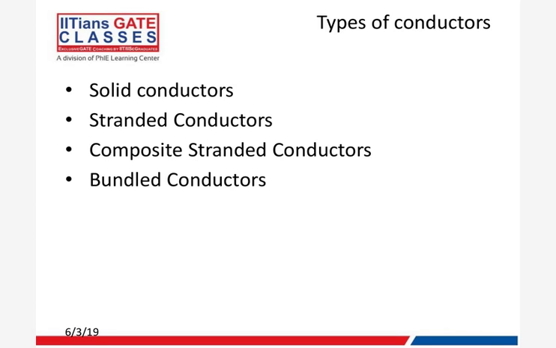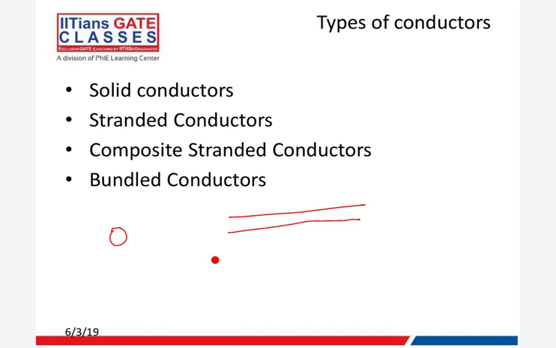So there are different types of conductors that we use in power system. The first one is the solid conductor, where there is one single cylindrical line drawn out of the material. So it will be one single thing.